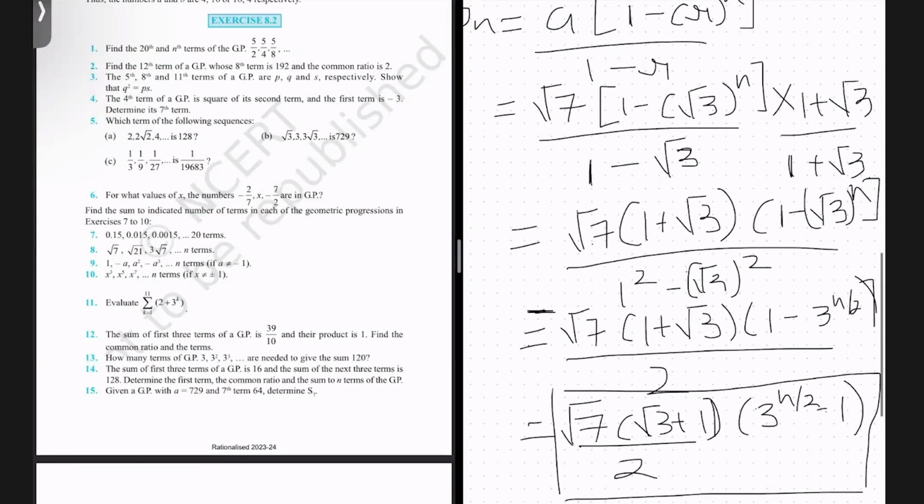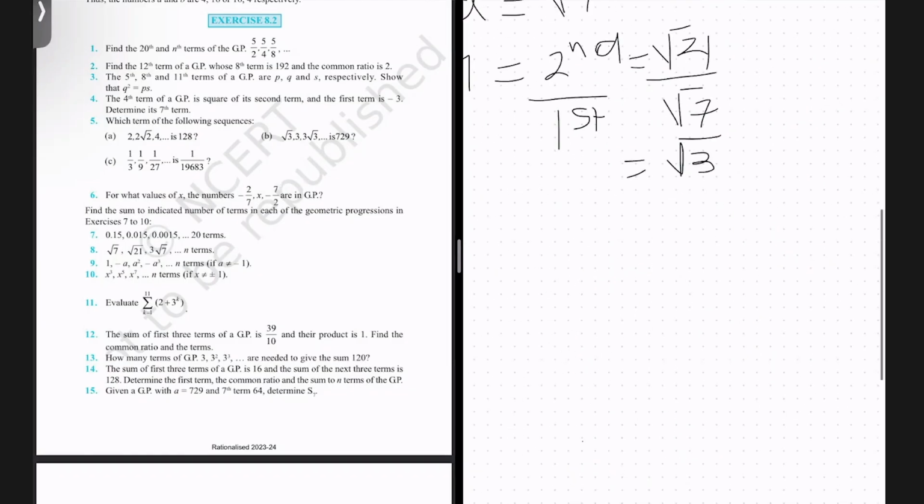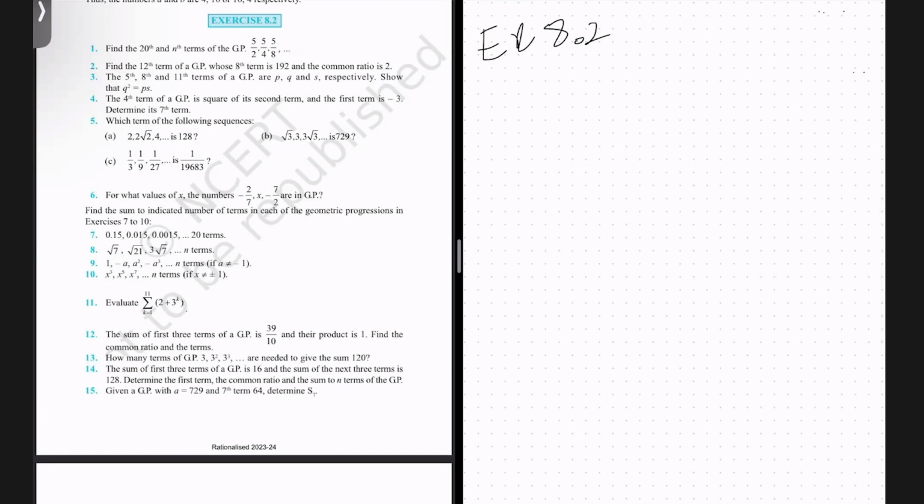So that was the 8th question. Moving on to the 9th question. In the 9th question, you have the sequence as 1 minus a plus a square minus a cube, and you want to find its sum until the nth term.